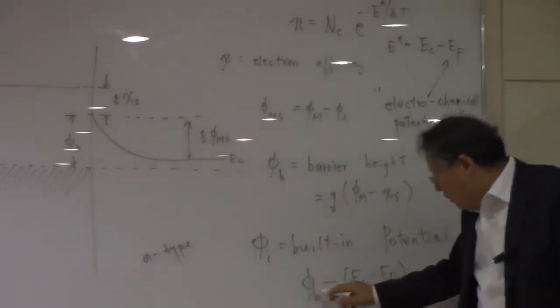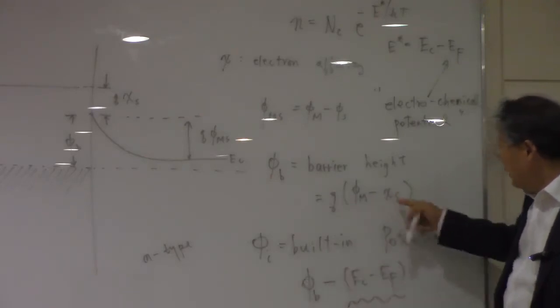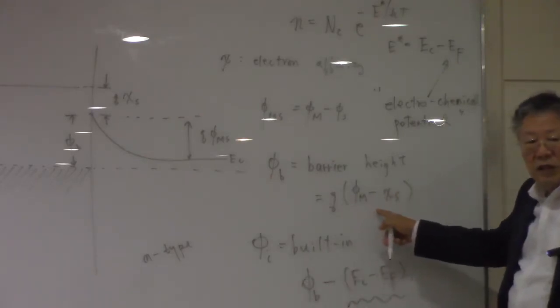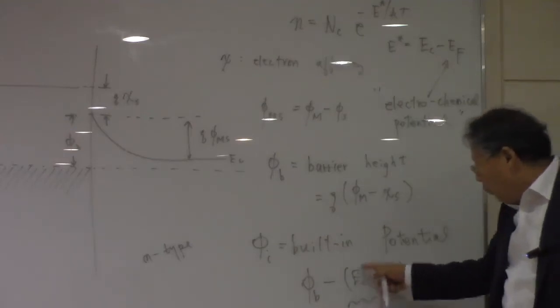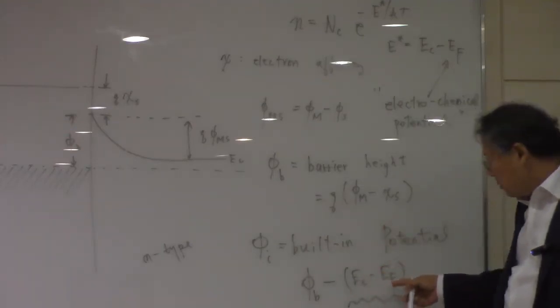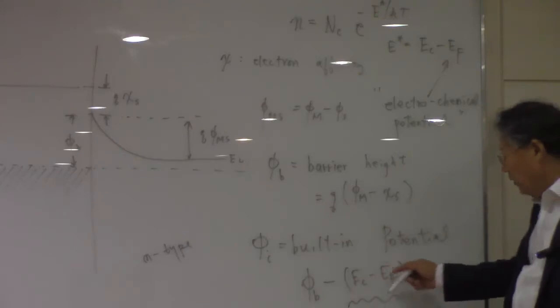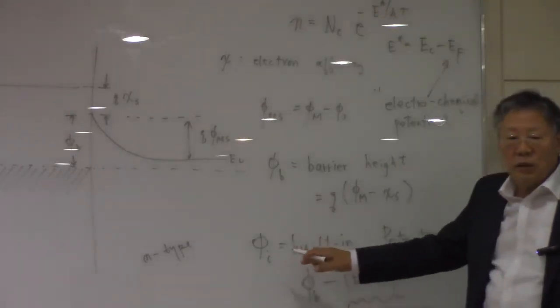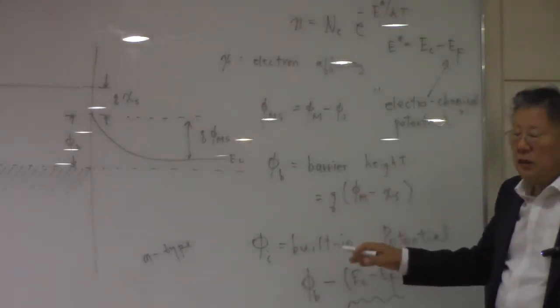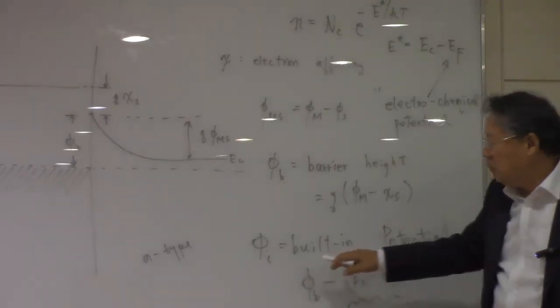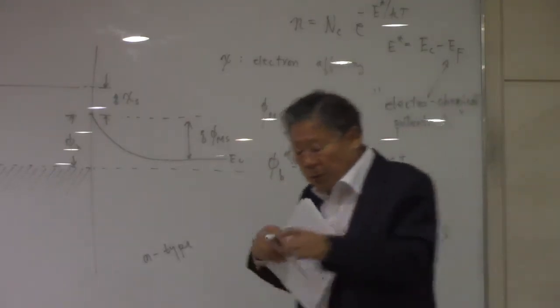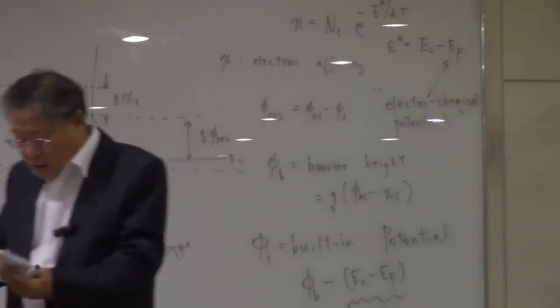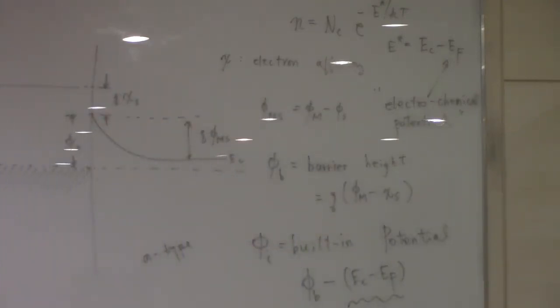Now, the barrier height is related to the energy difference like this, and when you subtract the activation energy from it, that is going to be called the built-in potential, and this built-in potential is actually the potential that exists inside the junctions.